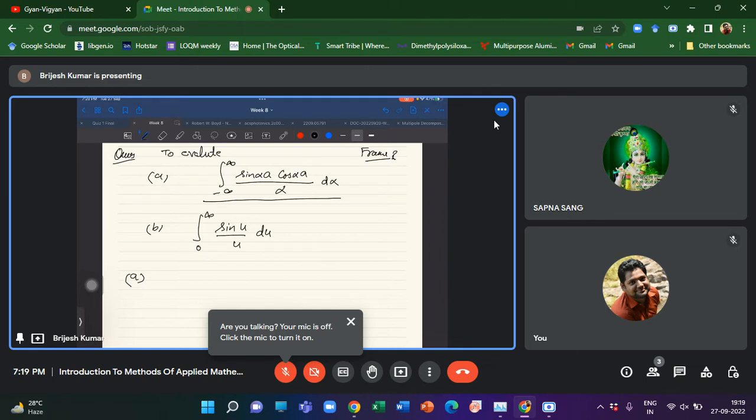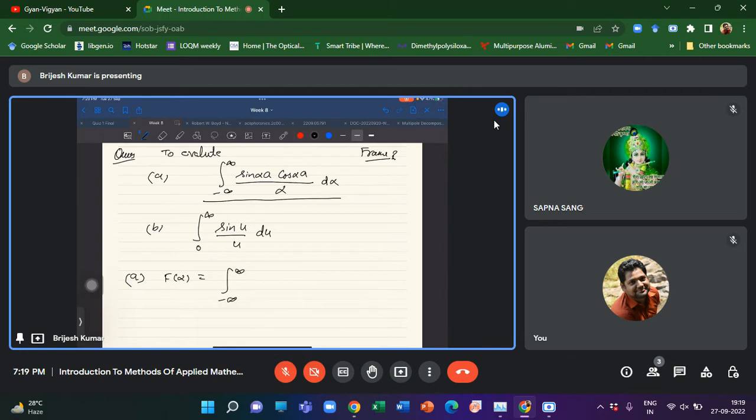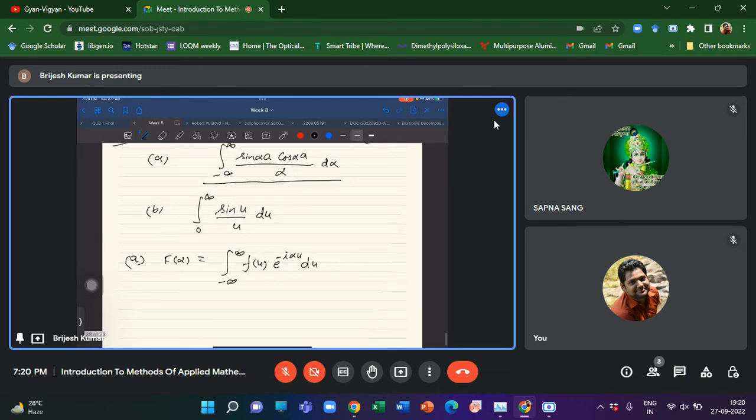We know the Fourier transform is given by the integral from minus infinity to infinity of f of u e to the power minus i alpha u du.